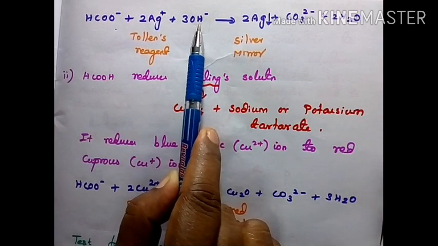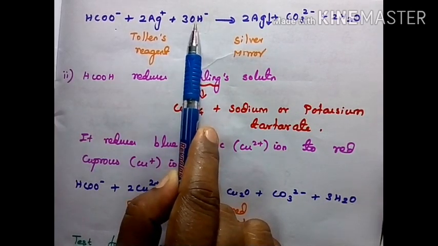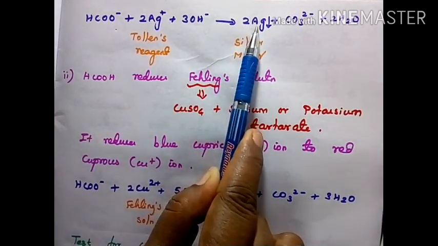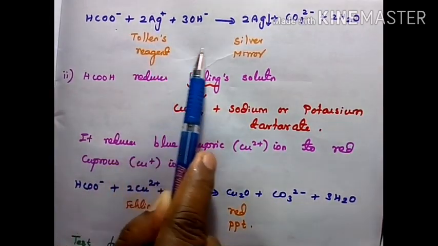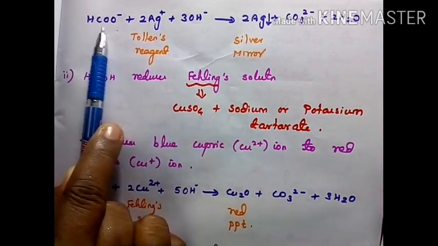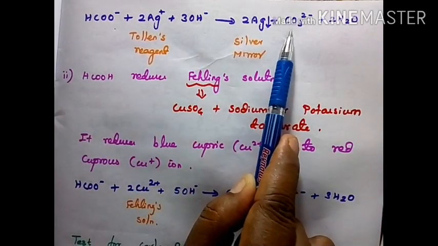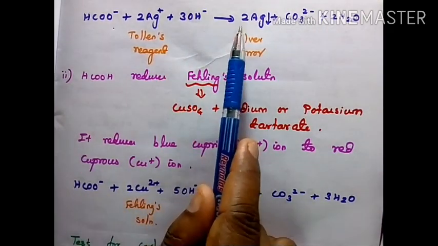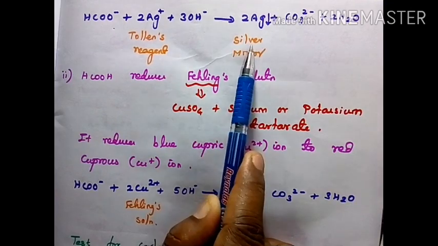With ammonium hydroxide, that is hydroxide, base medium. What happens? This Ag plus is reduced to Ag. Itself gets oxidized to CO3 2 minus with the removal of water. So, this is Tollens reagent. It reduces to metallic silver.